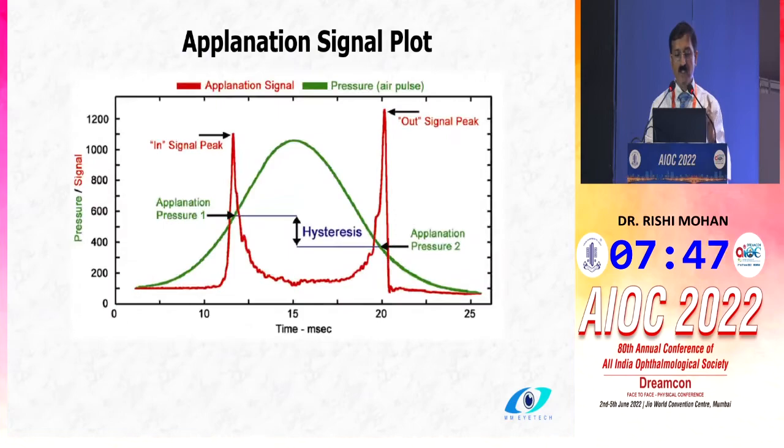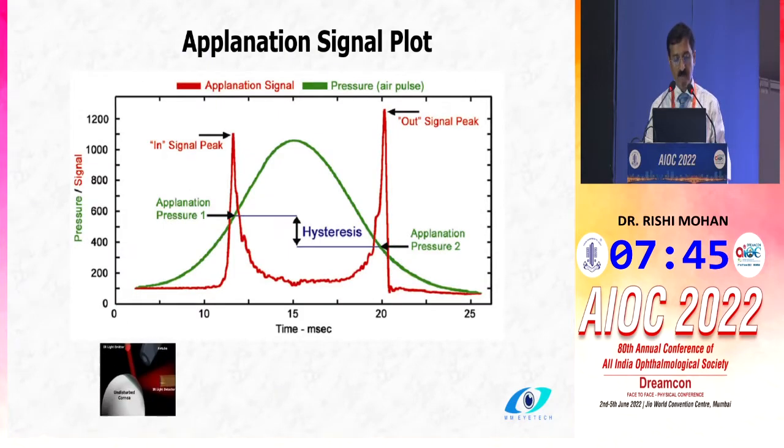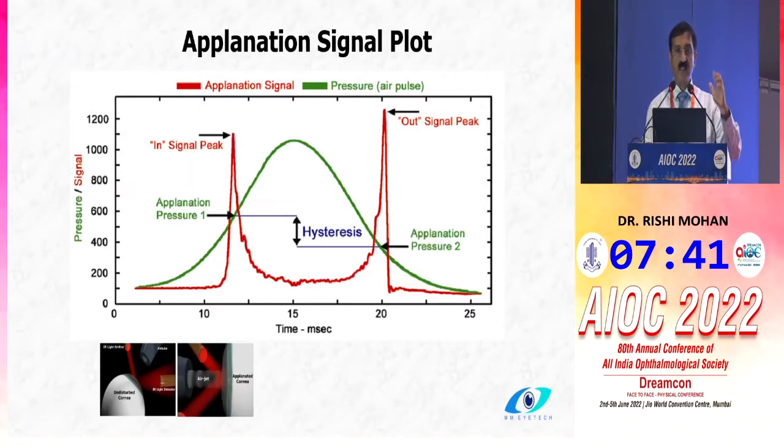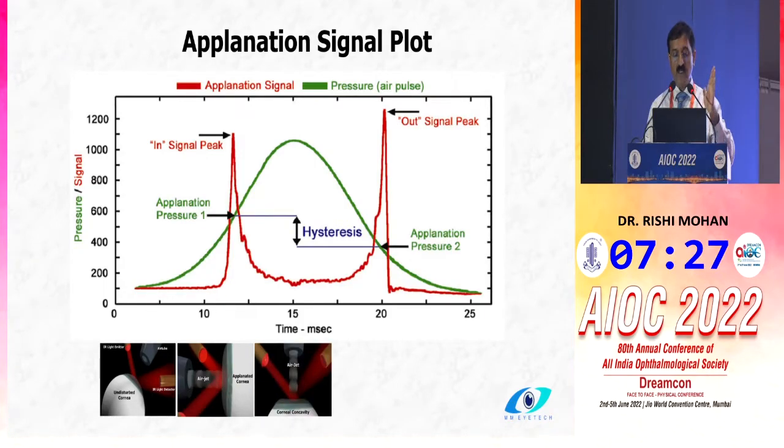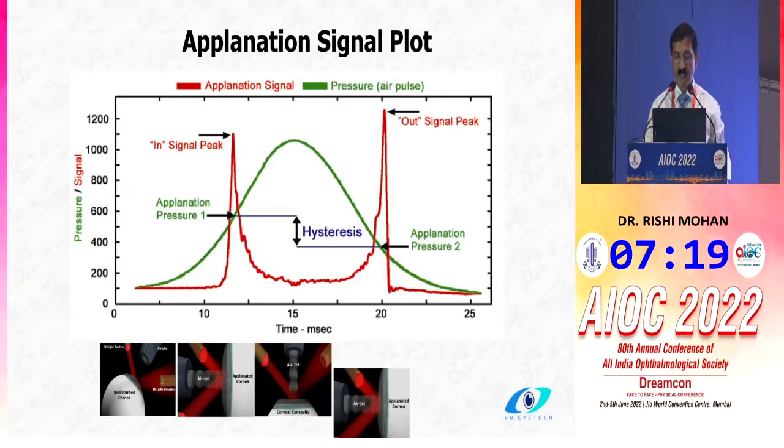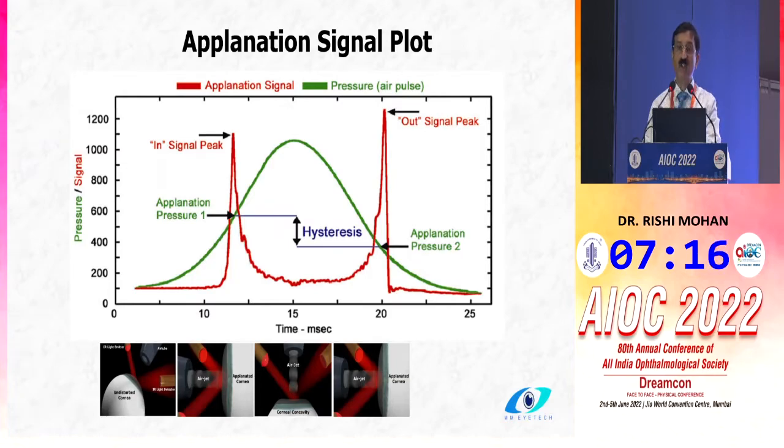However, with this instrument, I'll come to this graph later, if you look at the charts at the bottom, you will realize that this air puff first creates an initial applanation pressure where the flattening happens, but then this continues to create a concavity in the cornea, and then it starts to come down, and there is a second applanation on the out phase of the corneal pressure, and this creates applanation pressure too.